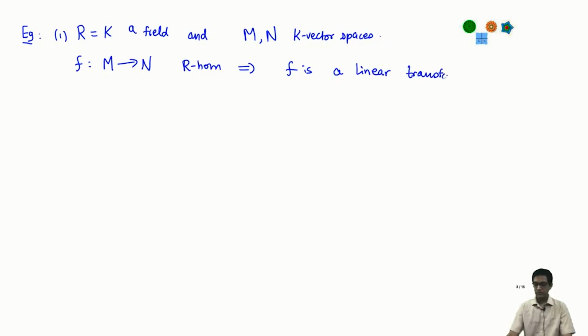So it's just that familiar notion imported to the context of modules over any ring. That's the first example.